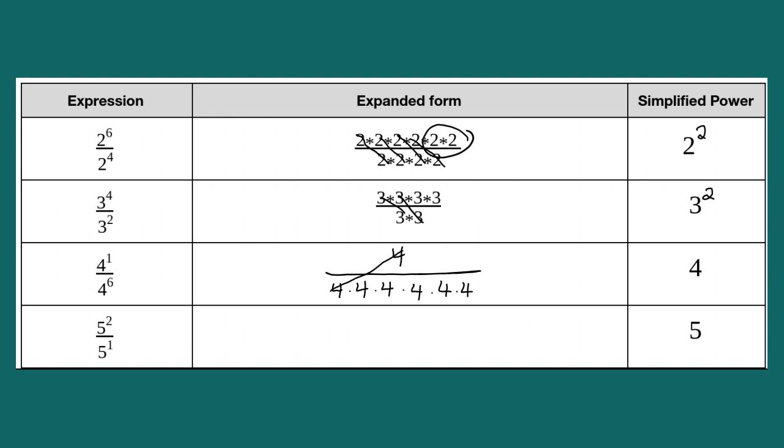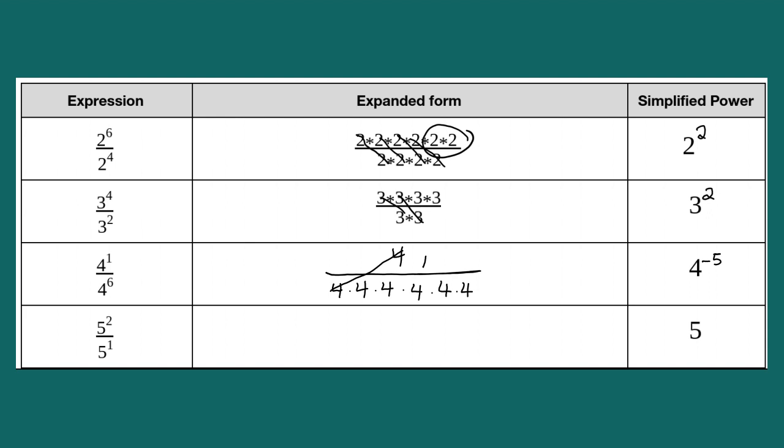And we have more numbers in the denominator than we do in the numerator. So we have powers left in the denominator, but none left in the numerator. So this 4 divided by this 4 leaves us with just a 1 in the numerator. And because we have all of these powers downstairs, the exponent we will use is going to be a negative exponent. So we will have 4 to the negative 5th.